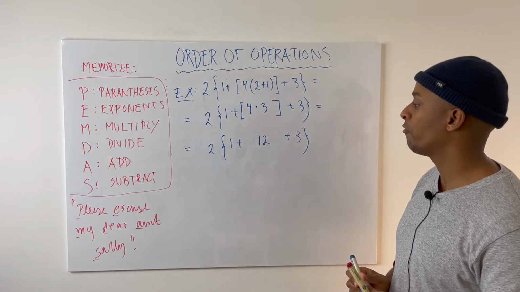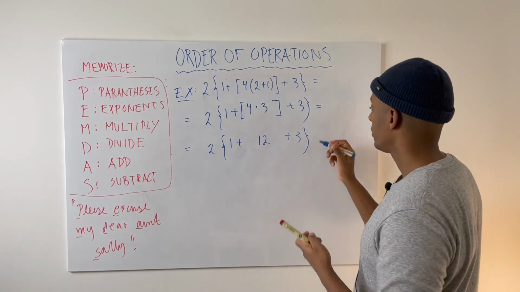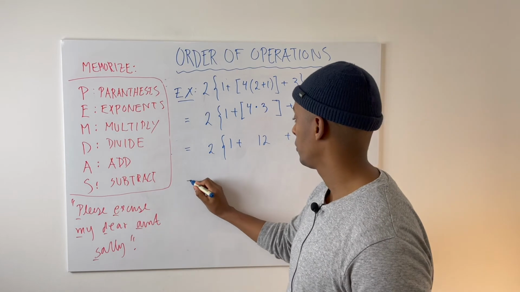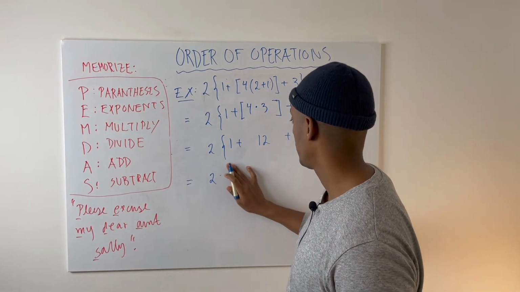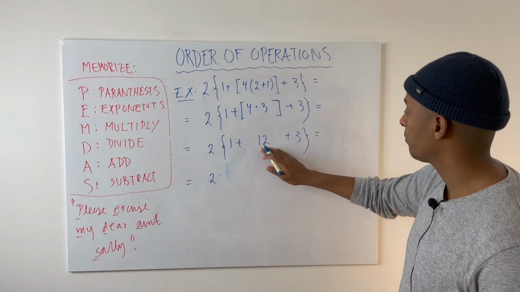Now we only have one parenthesis left, the outer one. So we have to deal with what's inside of this parenthesis now. So we have 2 times. And what do we have here? We have 1 plus 12 plus 3.